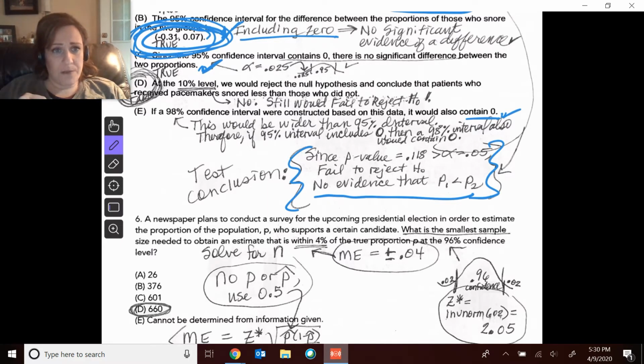Let's look at D then. At the 10% level, we would reject the null hypothesis. So 10%, let's see. Why do I know I'm going to still fail to reject? Oh, I know why.